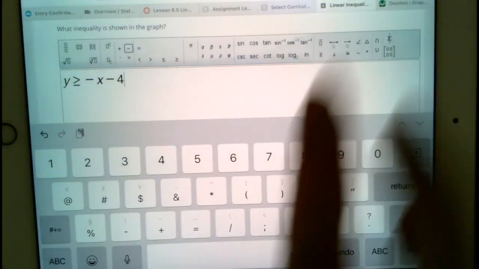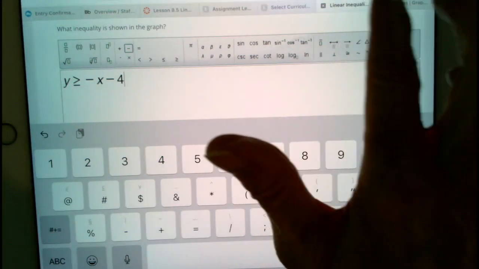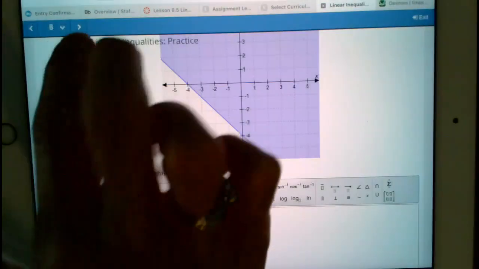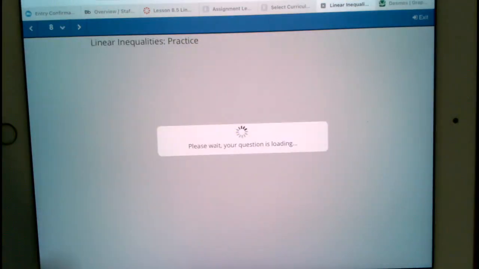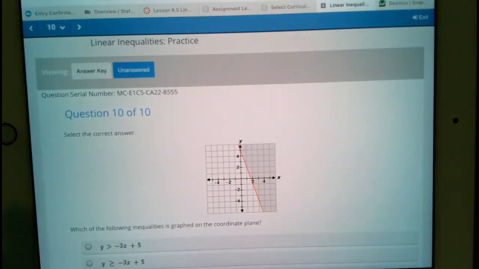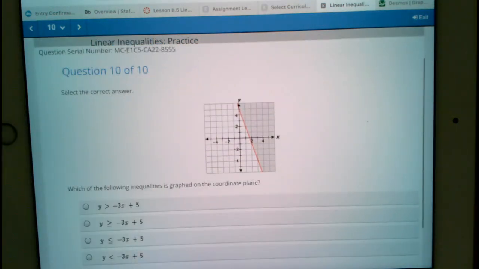Same idea. If we go to this next problem on here, only this time we're given the picture, so we don't have to go to Desmos.